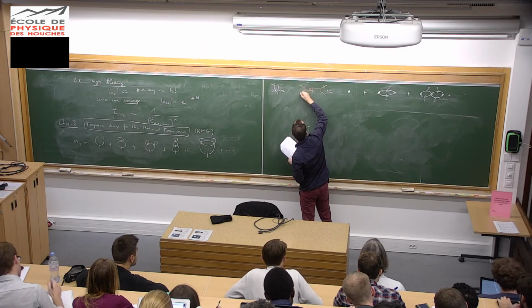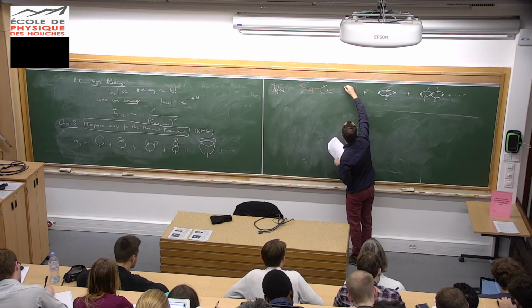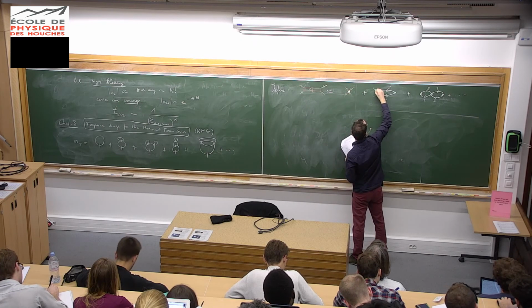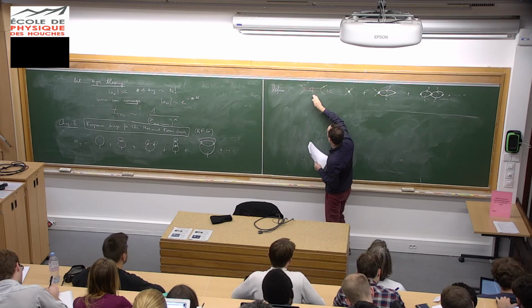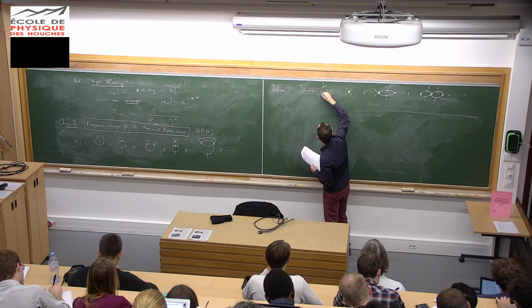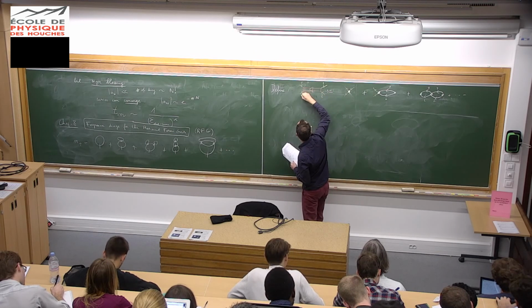So if you want, I can add them, meaning that this object is supposed to be attached to 2 incoming lines with spin up and spin down, and 2 outgoing lines with spin up and spin down.